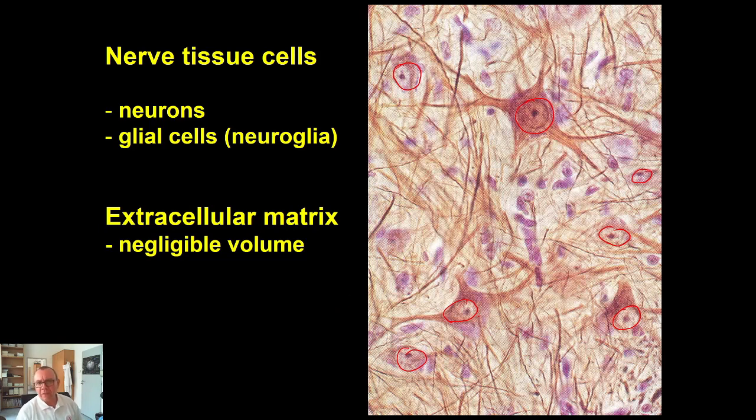And all other nuclei here belong to glial cells. So you can see that they are more numerous, but usually smaller. Not every time. We will see a part of a brain where neurons are smaller than glial cells, but usually it is valid information.